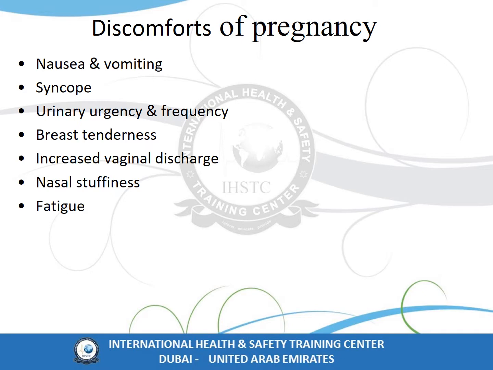Increased vaginal secretions are mainly caused by the hypertrophy and thickening of the vaginal mucosa and increased mucus production, and it occurs from the first trimester throughout the pregnancy. So the interventions are using proper cleansing and hygienic techniques, wearing cotton underwear, avoiding douching, and consulting a health care provider if infection is suspected.